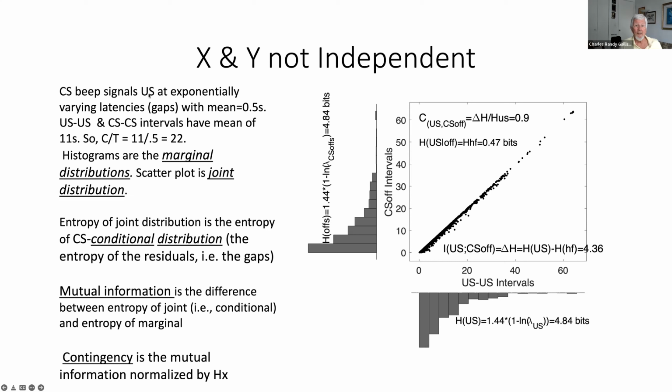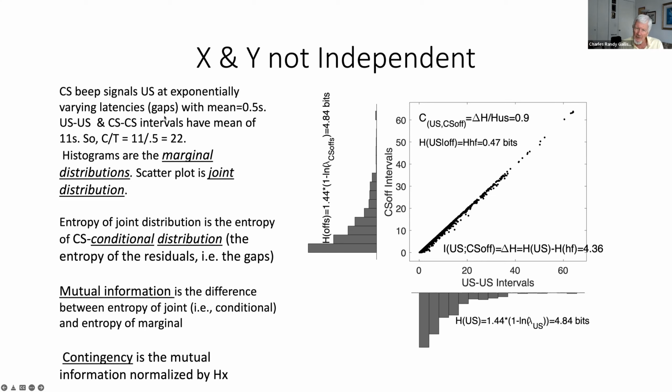It's randomly distributed in time with a mean of half a second. So in the end, the distribution is going to be 11 seconds mean. The beep warns that one is about to get a reinforcement, the US, like a shock or a bit of food.